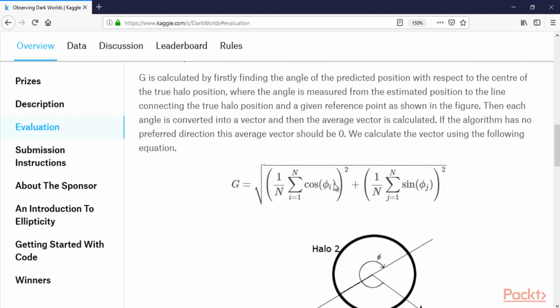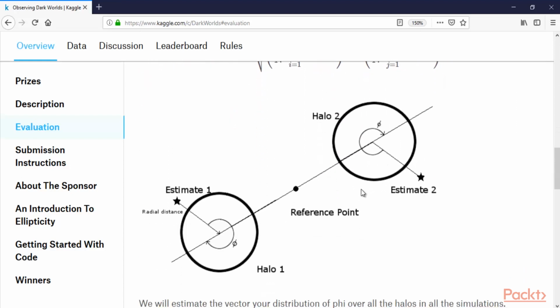In the root you can see the structure here, halo 1 and halo 2. This is the radial distance, and this is the theta. Basically this is the angle. For example, if we are watching from here, and this is the center, then this is the complete angle.